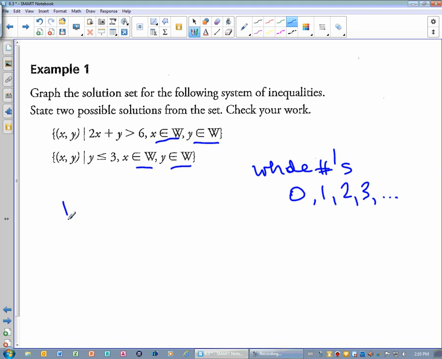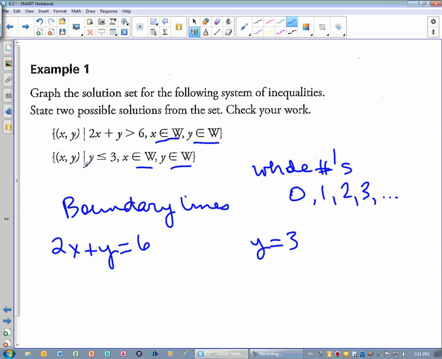All right, so we need to create our boundary lines. And remember how you do that. You take your inequality and you make it into an equation. Y equals 3. So that one, 2x plus y equals 6. This one, y equals 3. We want to isolate y, so this 2x gets subtracted from both sides.